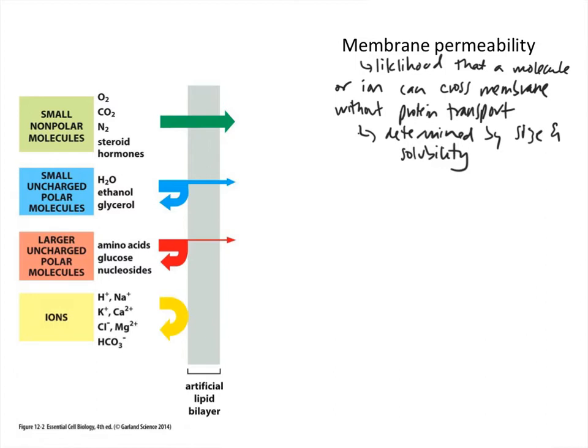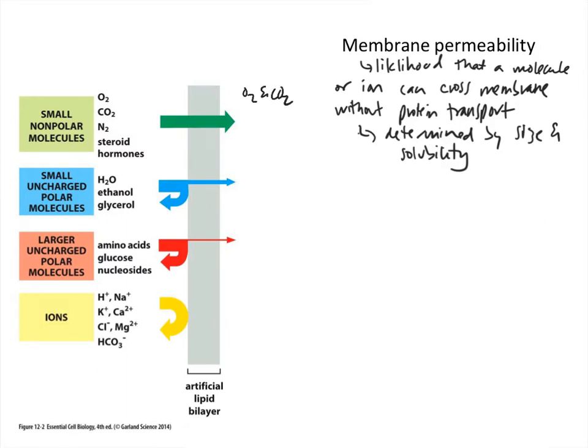So you should memorize which of these categories and examples within each of these categories can move across the membrane at high permeability, and that basically is the top group here, these small nonpolar molecules. They can easily cross the membrane, and that's indicated by the width of this arrow here. Some things to note in particular are that oxygen and carbon dioxide are on this list.